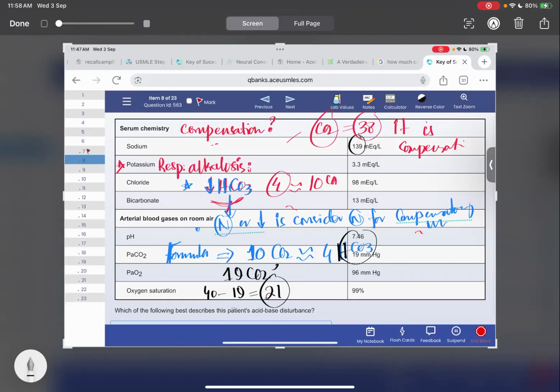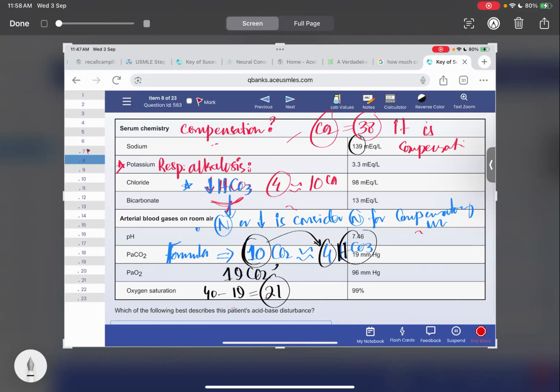Got this or not? We have the difference of 21, okay? Let me complete, you will understand. So the difference is 21, and for each 10 difference, we will have a normal difference of 4 in bicarb.